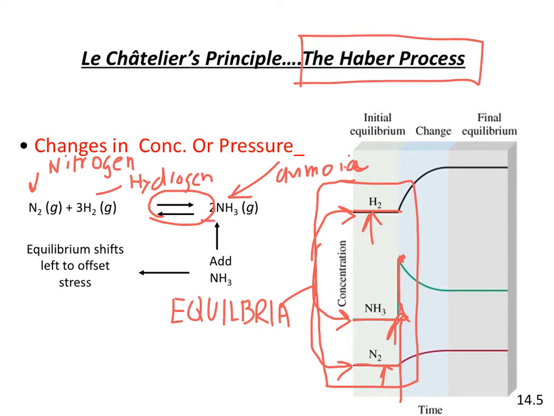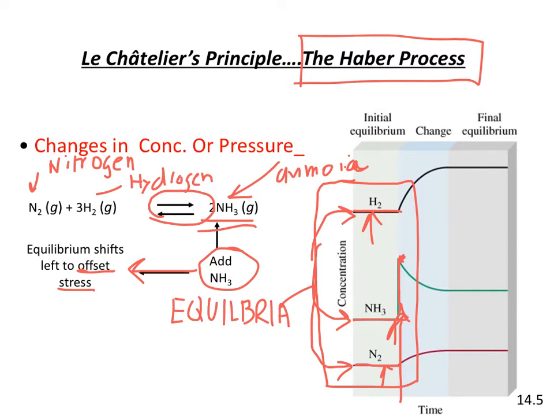So ammonia is a product. And if we want to reestablish equilibrium, we see that the reaction is going to have to shift to the left and thereby produce reactants. So we have to use up what's added and restore equilibrium. So the equilibrium shifts left. We say that the reaction shifts left, and that's to offset the stress to the system.